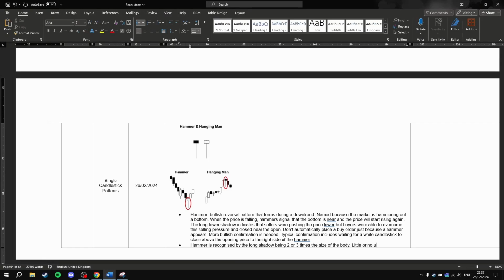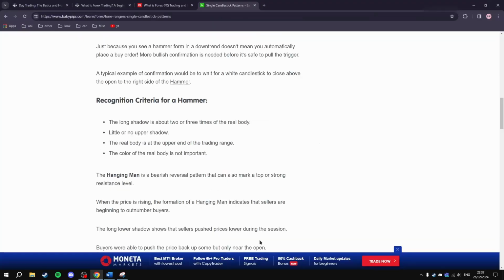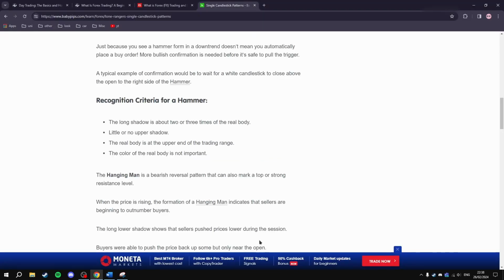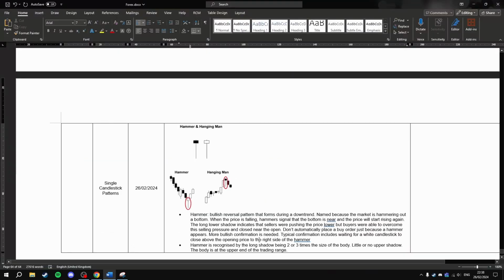Little or no upper shadow. The real body is at the upper end of the trading range. The color of the real body is not important.